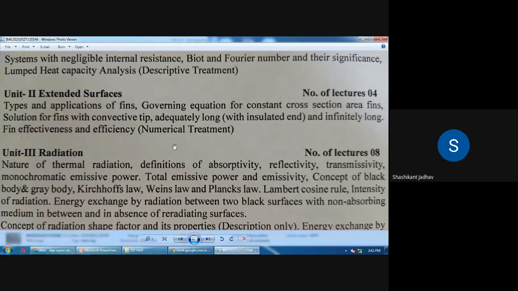But this approach may or may not be possible or practical. We can increase the heat transfer coefficient by using a pump or a fan, or by replacing the existing one with another. In some cases we can use this, but in some cases it is problematic.